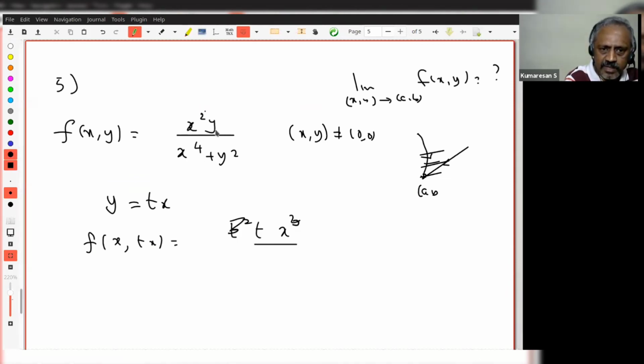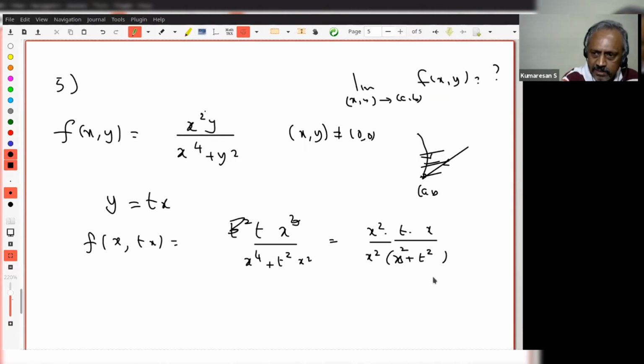X squared and tx, therefore t into x cube by, this is x power 4, this is t squared x squared. That is going to be x squared, t into x by, now x squared is common, I take x squared into x squared plus t squared. Do all of you understand this? Is my algebra correct? This x squared cancel.